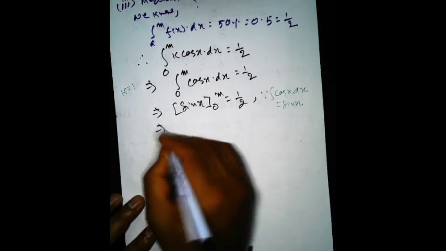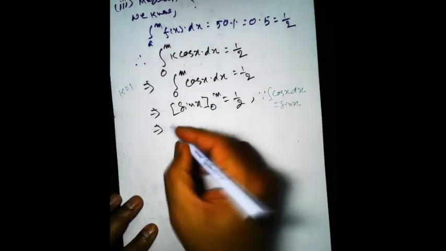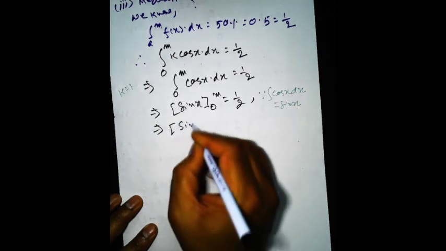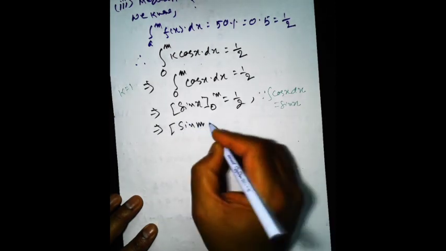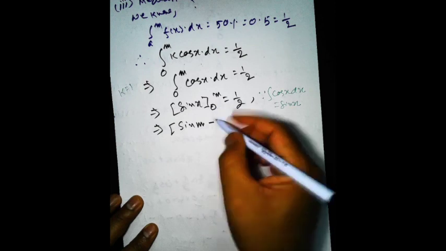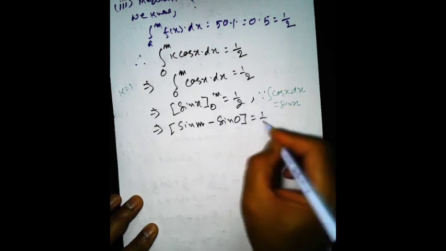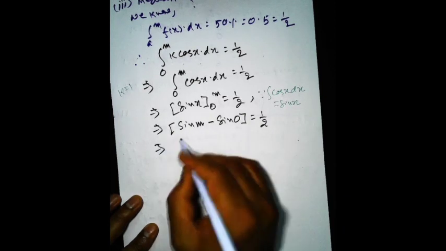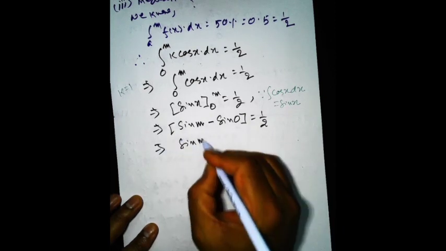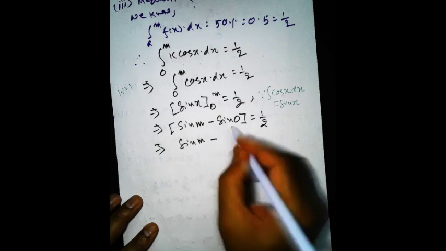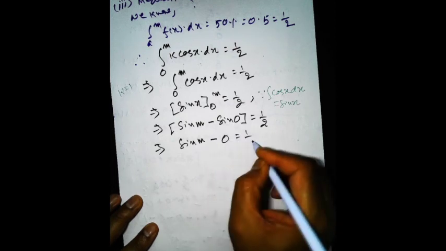After this, you put these values. First of all, the upper limit, so it is sin m minus the lower limit sin 0, and this is half. Sin 0 is 0, so sin m is 1 by 2.